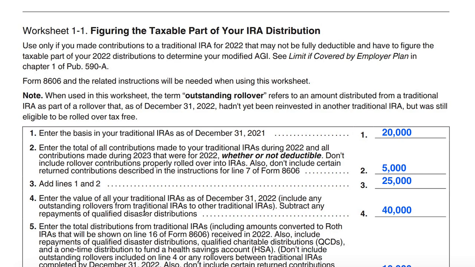However, you can't just take out the basis and leave the fully taxable part in your IRA. You have to do a prorated amount. If your IRA consisted of 50% basis and 50% investment growth, which is pre-tax, then when you take distributions, you should expect that 50% of your distribution is taxable and 50% is not taxable. That's a very overly simple version of this calculation.